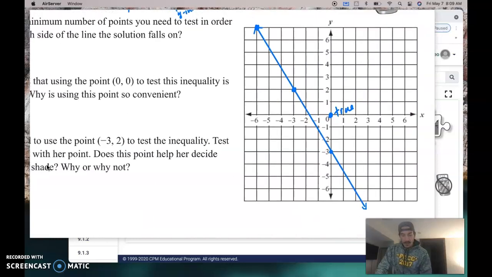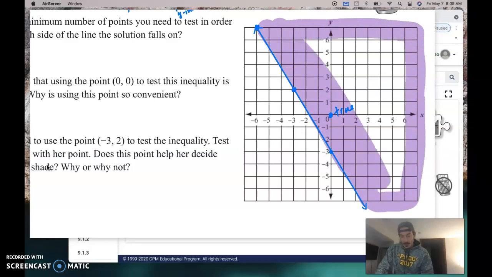What we discussed in our last video is that this means every single point on this side of our boundary would be a solution. We could spend a lot of time making some dots over here, but we'd never make all of the dots, so we just shade.